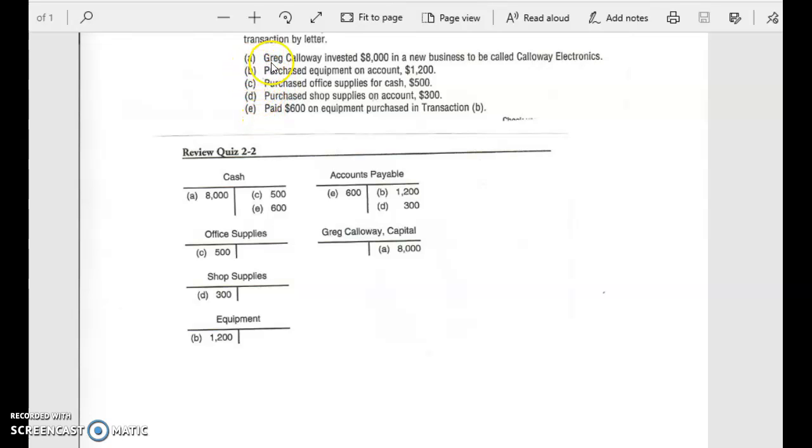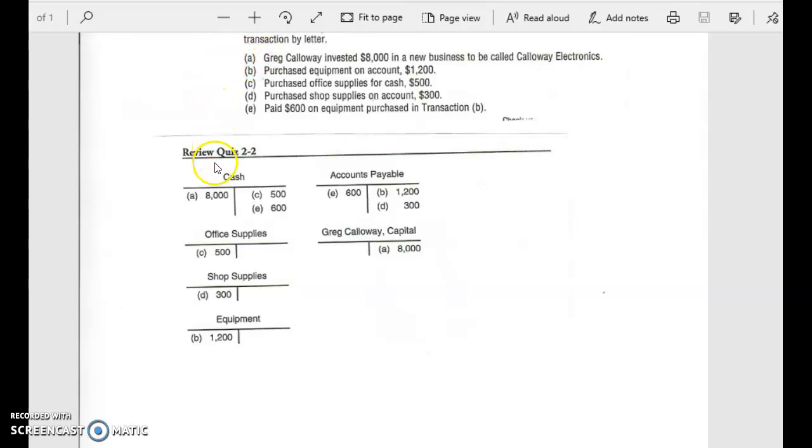The first one, Greg Calloway invested $8,000 in a new business to be called Callaway Electronics. So we know that this is an owner investment and he has invested cash. So we are going to identify our transactions by the letter because this is transaction A. So we know that this transaction increased cash and it also increased capital.